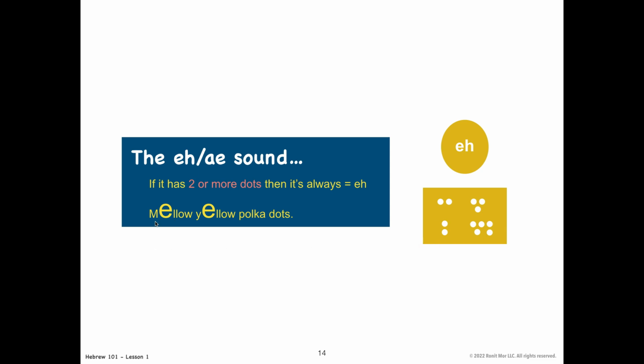So just think about mellow, yellow, and just remember all of these dots. And remember, no matter how they look, except for the exception that is coming, it sounds E.